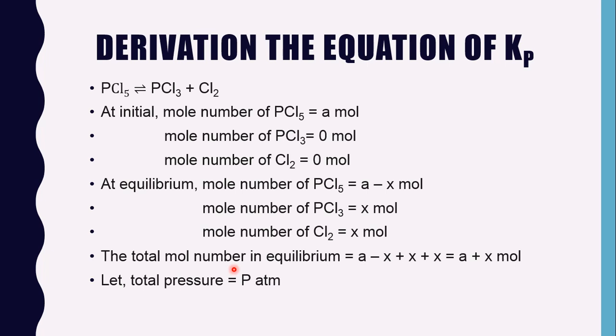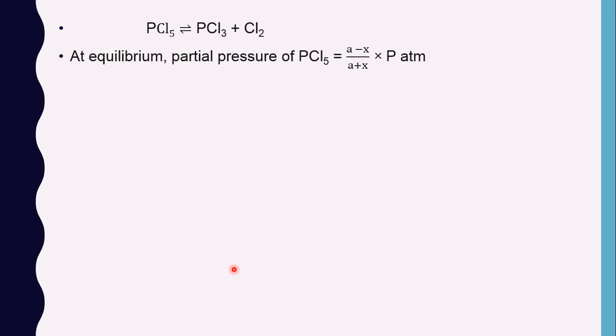Now, what will be the partial pressure of reactants and products? Partial pressure equals mole number of molecule divided by total mole number into total pressure. Now, at equilibrium, partial pressure of PCl5 equals A minus X, that is mole number of PCl5, divided by A plus X, that is total mole number, into P, that is total pressure.